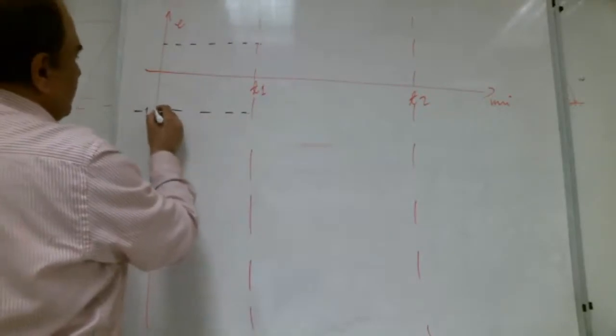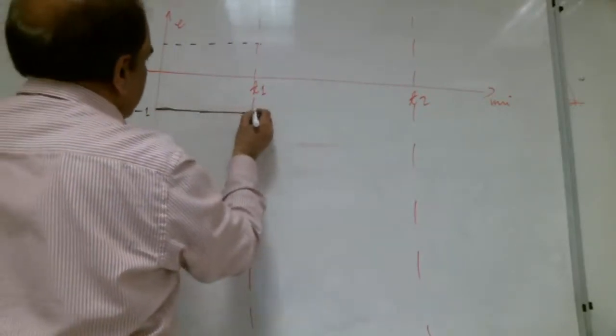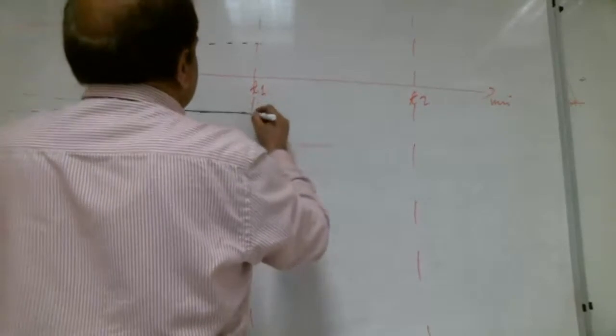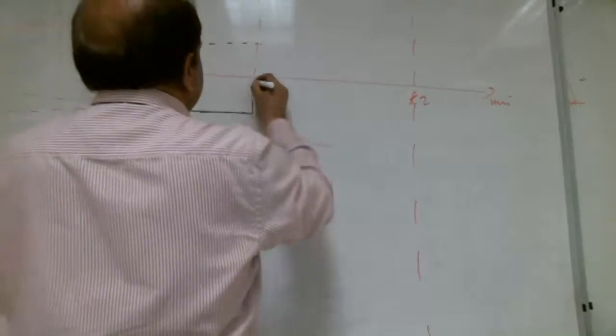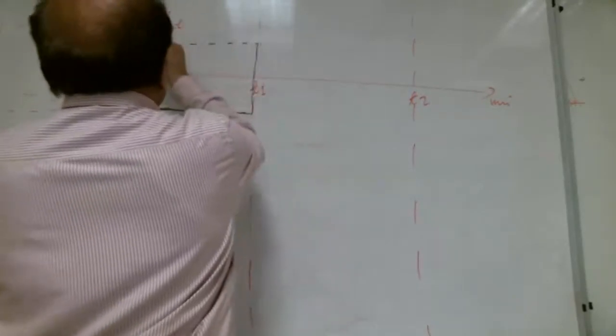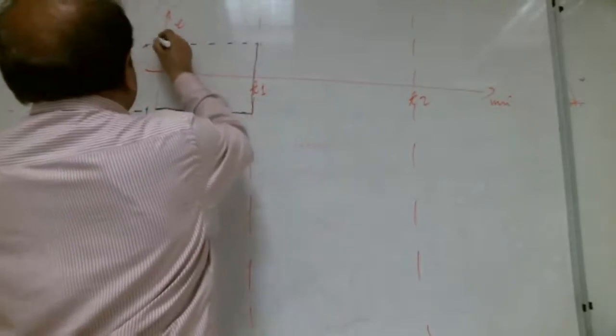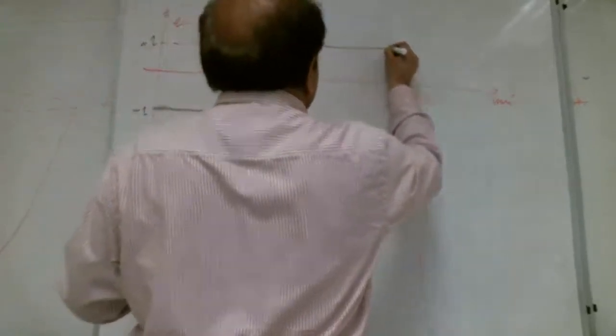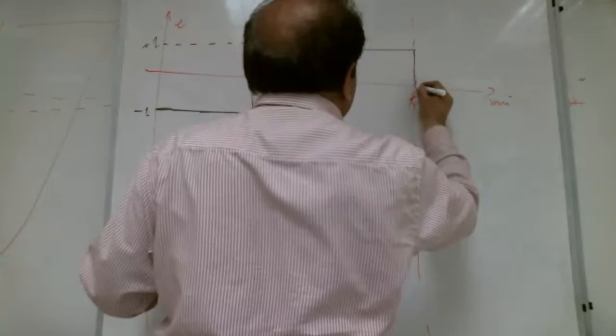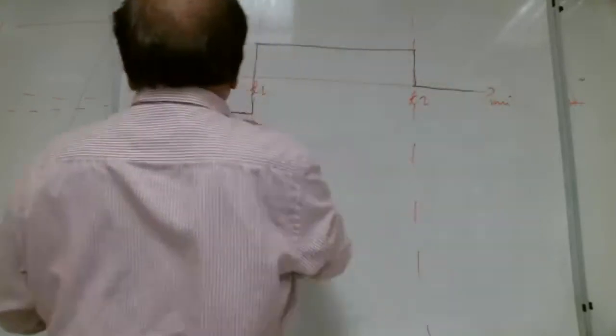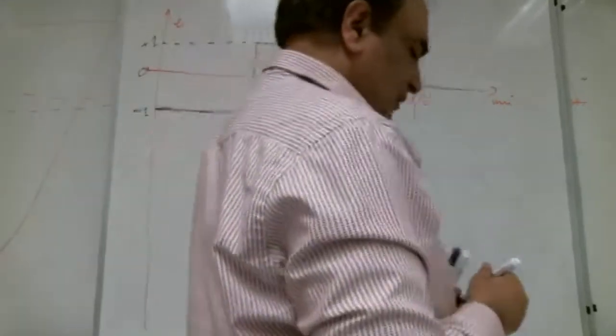So here it is -1. At T1 it becomes +1, and at T2 it becomes 0. Right, Shabab?